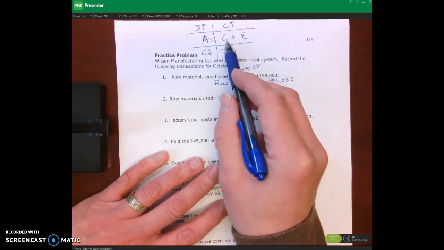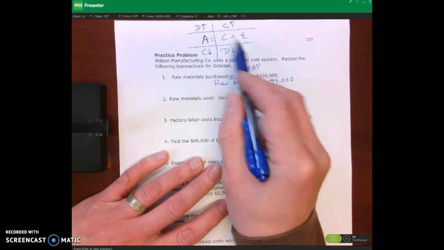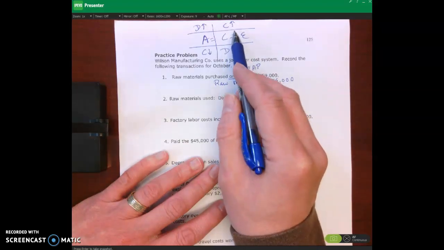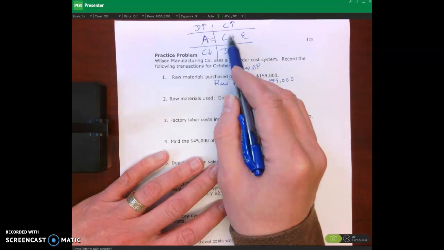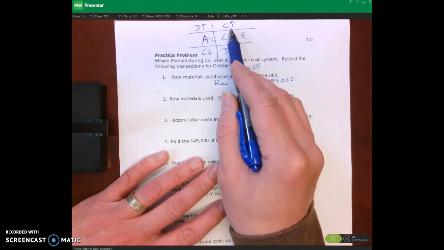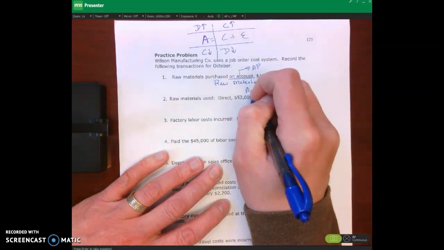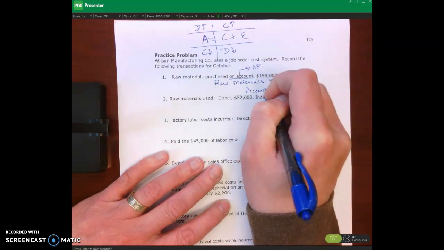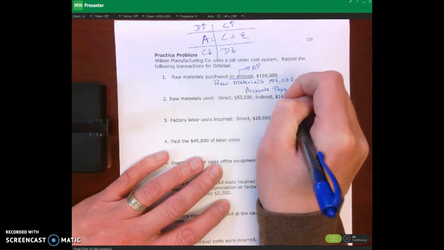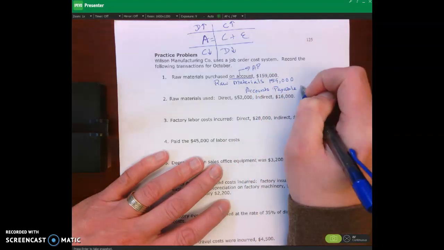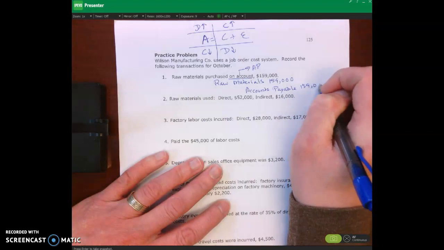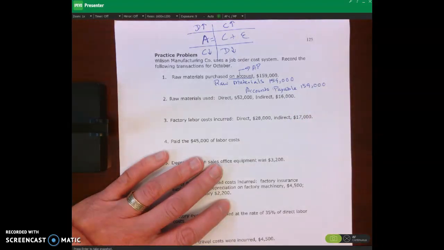Accounts payable is increasing. How do I recognize in terms of debits and credits that a liability is going up? With a credit. So then I will credit accounts payable, and that's my journal entry.